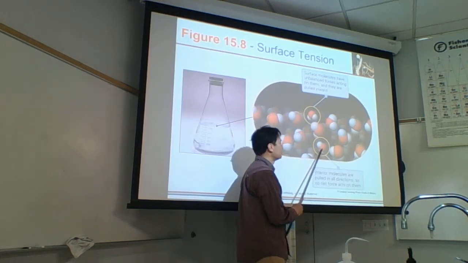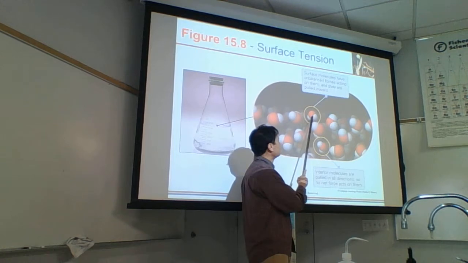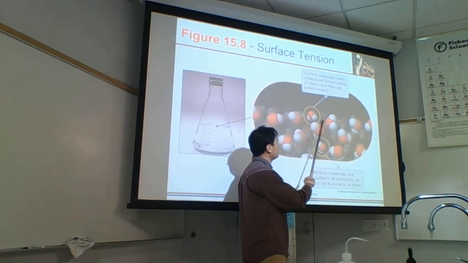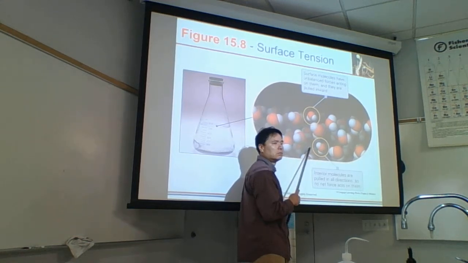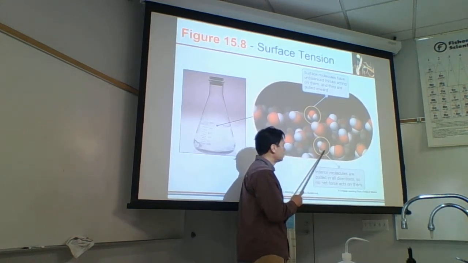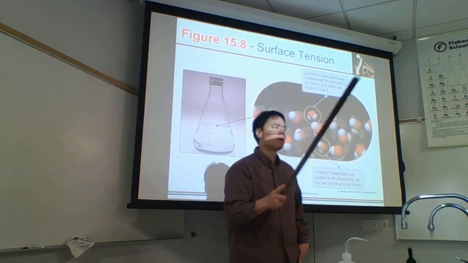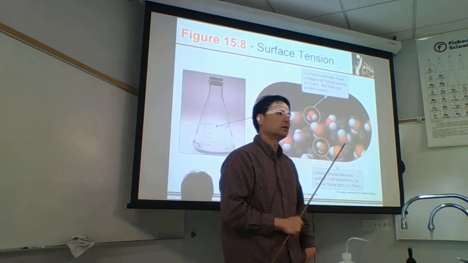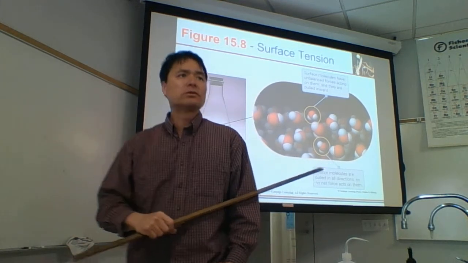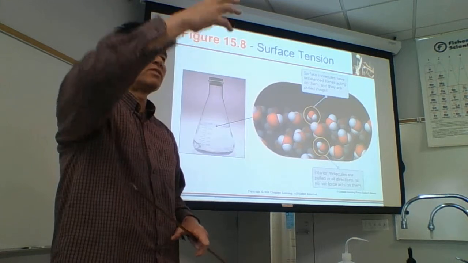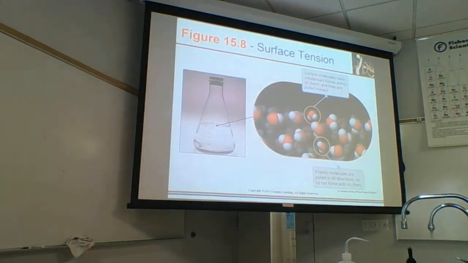The reason is because a molecule inside has lots more hydrogen bonding than a molecule on the surface. The molecule on the surface is only hydrogen bonded down. The molecule inside is hydrogen bonded in all three dimensions. And so this means that the interior molecule is lower in energy than the surface. And so to create more surface molecules is going to cost you energy. And that cost is the reason why it's hard to break the surface. Does that make sense? And so this is why water droplets adopt a spherical shape. It's to minimize the amount of surface molecules that are present.